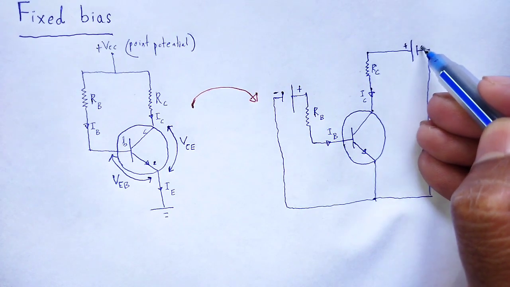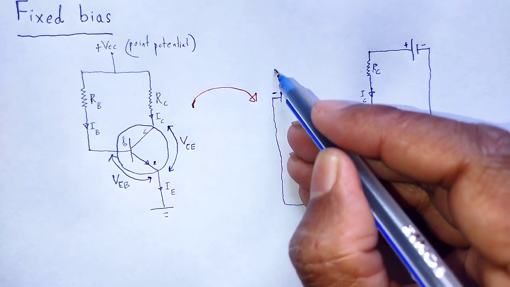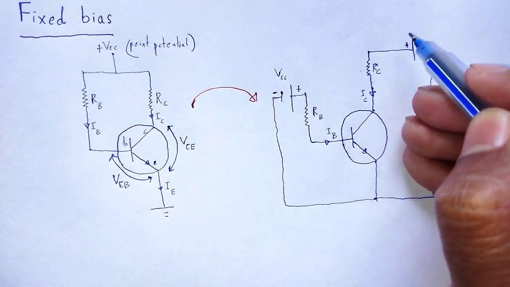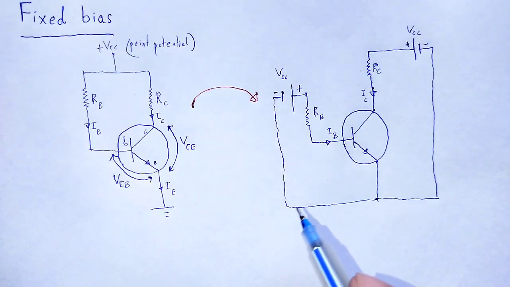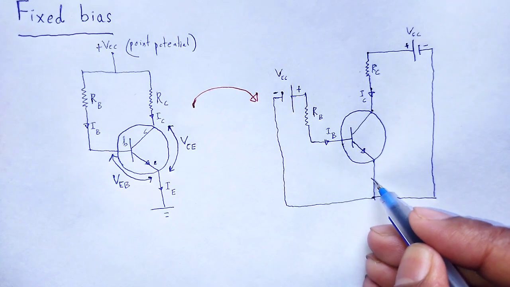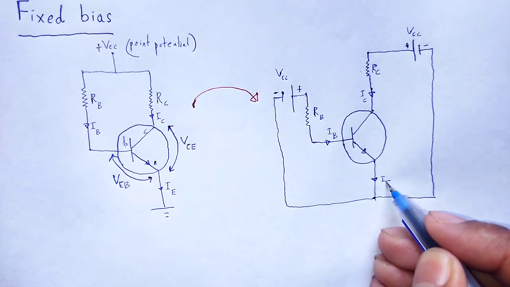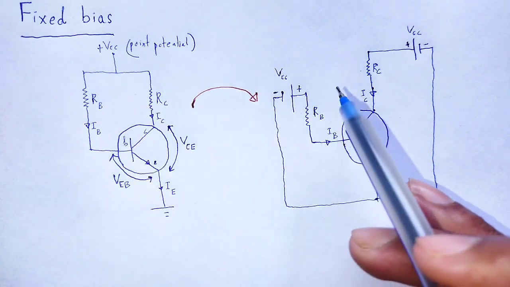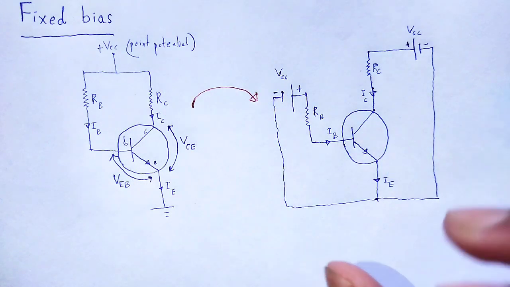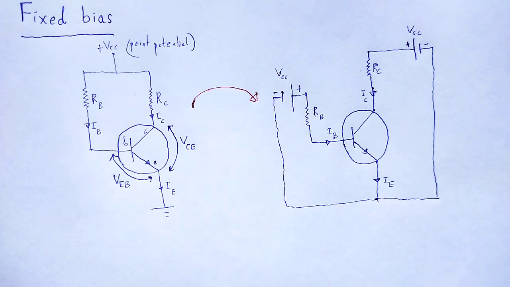Positive, negative, VCC, VCC. Emitter current IE. Now that configuration is totally changed to this configuration in a simplified manner.